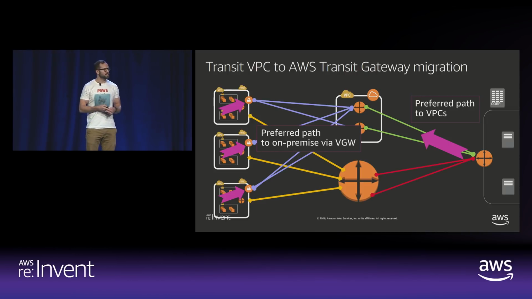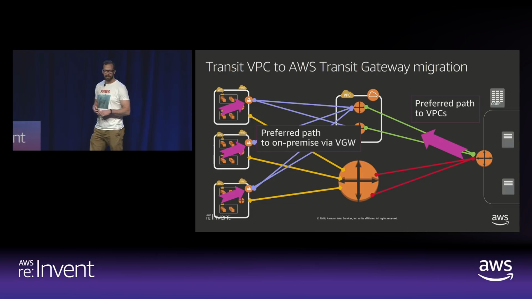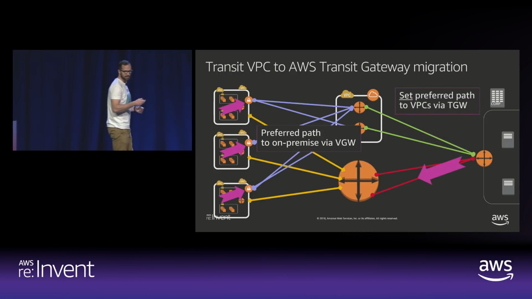So now if you don't have any stateful devices in the path, like firewalls or NAT devices, you can actually have the traffic asymmetric. So you could start with your data center side and just send traffic over the TGW to your VPCs, but your VPCs are returning the traffic over the transit VPC.